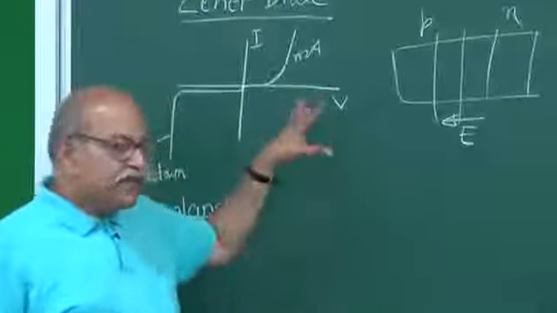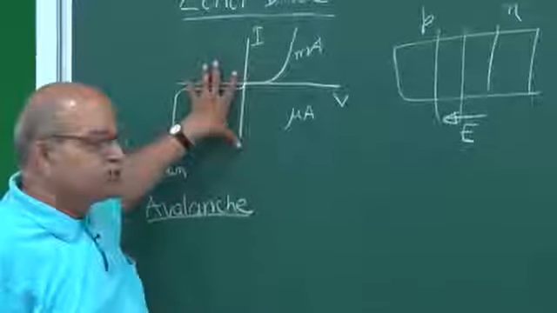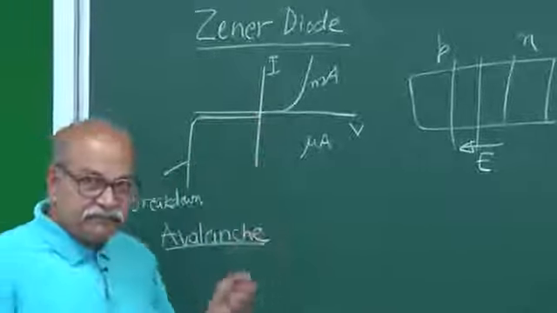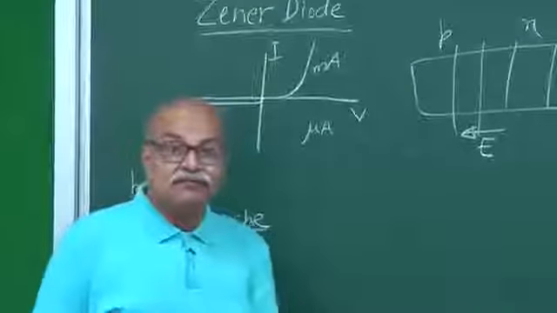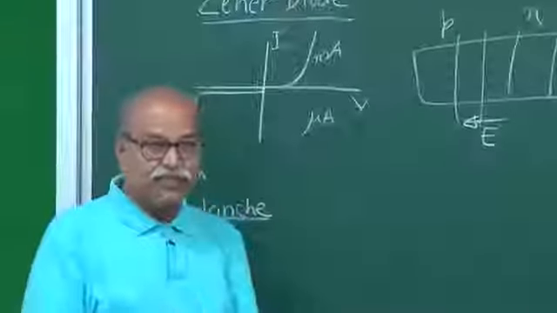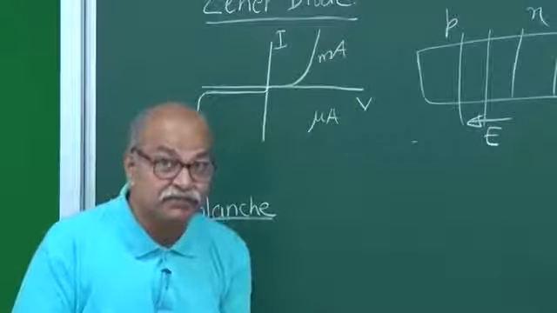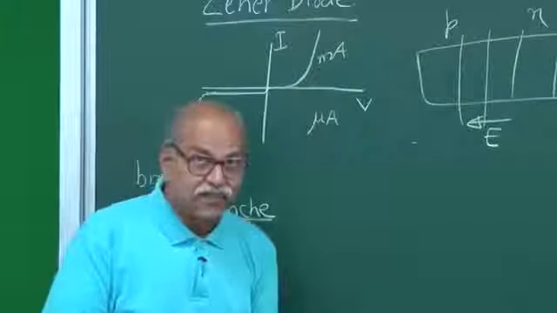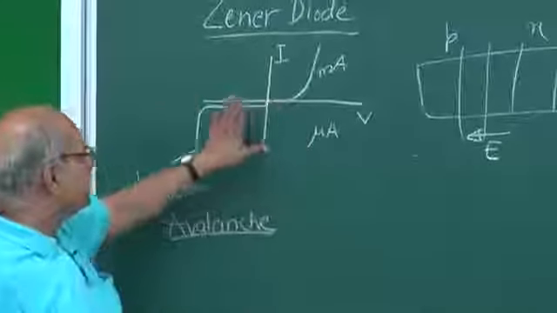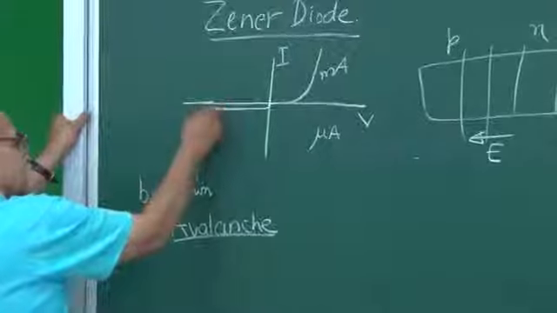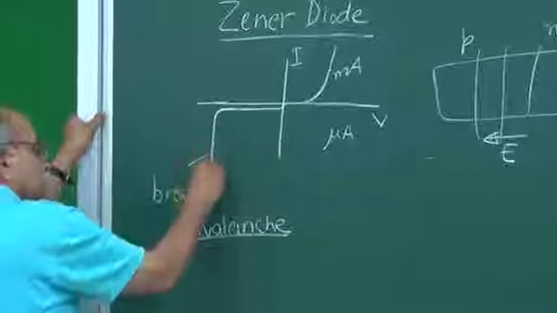But in Zener we are using this kind of phenomenon, but the breakdown is controlled. We control at what voltage this breakdown will happen, and that is very sharply defined. So that's the difference. This is the kind of characteristic, and here in a very short range it just goes down.